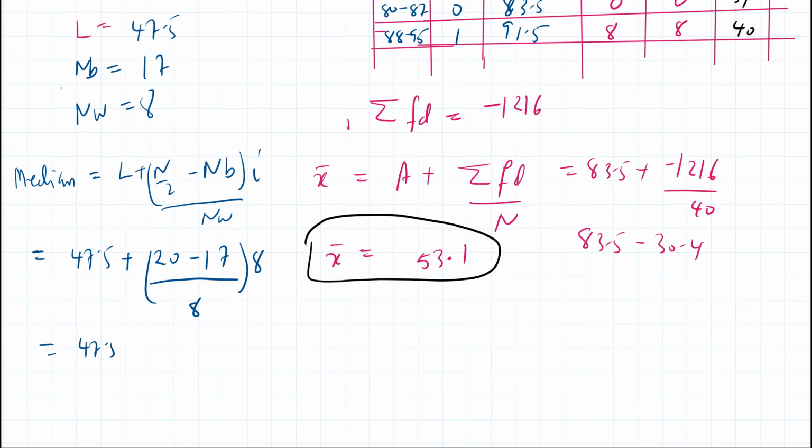So 47.5 plus 3 times 8 divided by 8. Obviously, you're going to get 3. When you add, you get 50.5. So we get 50.5. Now the difference between median and mean.